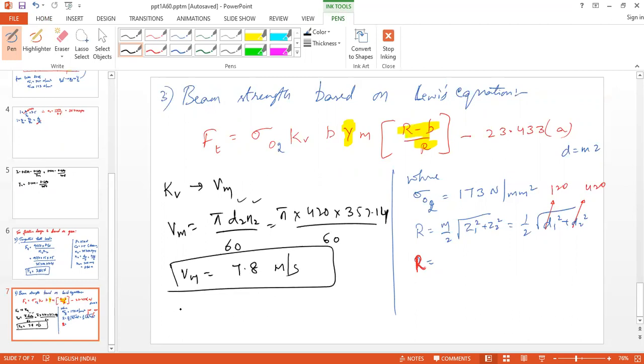So once I know the value of Vm, I can find the value of kV. kV is not 3 plus Vm, because that equation is for the value of Vm which is less than 7.5. If it is more than 7.5, I need to use another equation, that is 5.6 by 5.6 plus root of Vm.